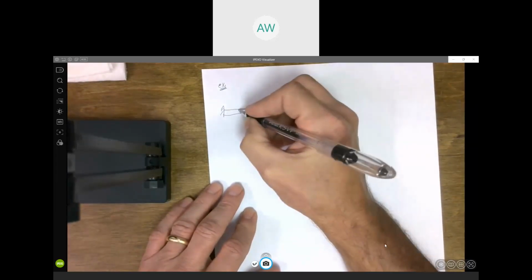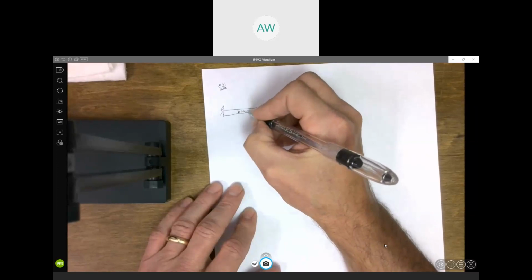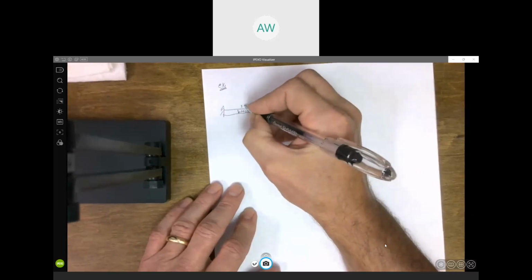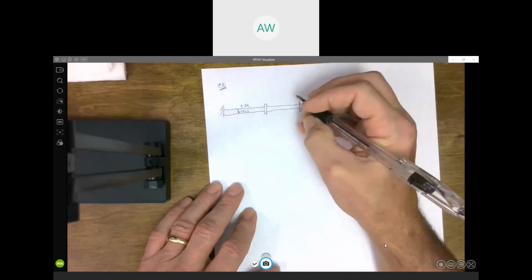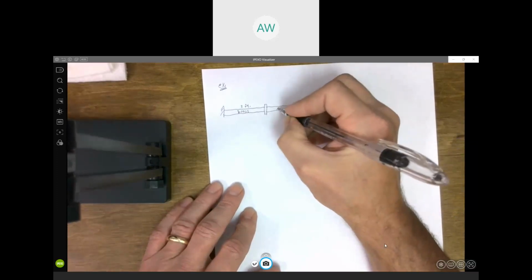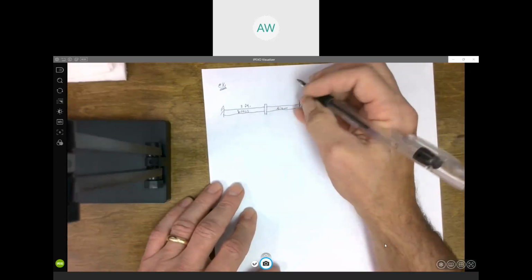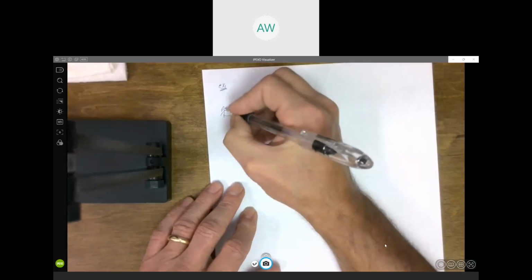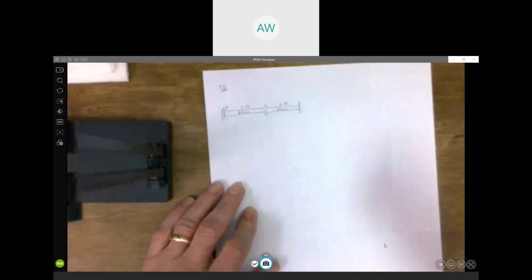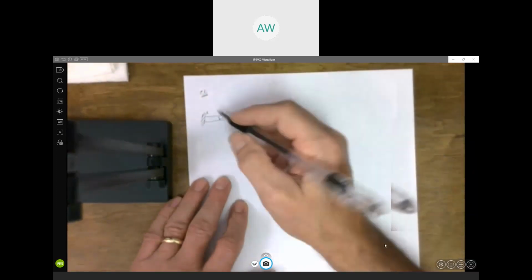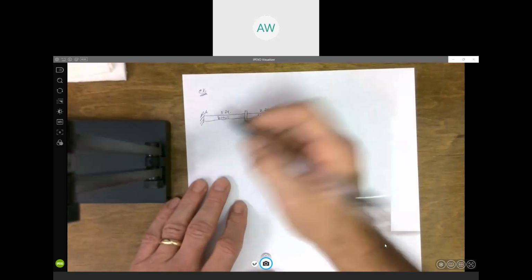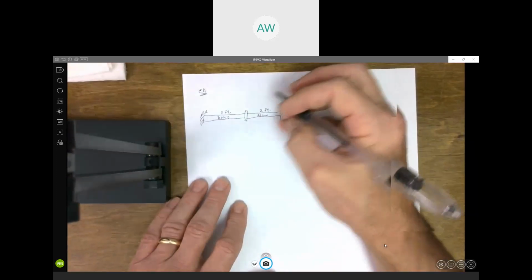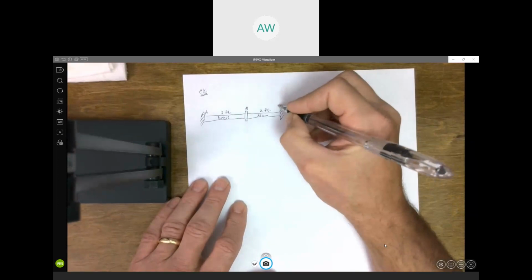This is brass, it's 3 feet long. Over here we've got aluminum, it's 2 feet long. And here at A, it is fixed. It is rigidly attached to something at A, and we'll call this B, and we'll call this C.